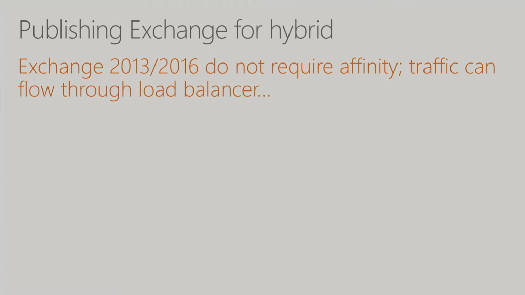We can create additional endpoints, and that is going to be really important in what I'm going to talk about next. Now, when we're publishing Exchange for Hybrid, then you want to reuse what you have today. Ever since Exchange 2010, we've been accustomed to using load balancers to publish the Exchange workload to the intranet. And depending on the version that you're working with, you need affinity, you didn't need affinity, you can just use it without affinity, so that every connection goes to a different server, and so forth and so on.